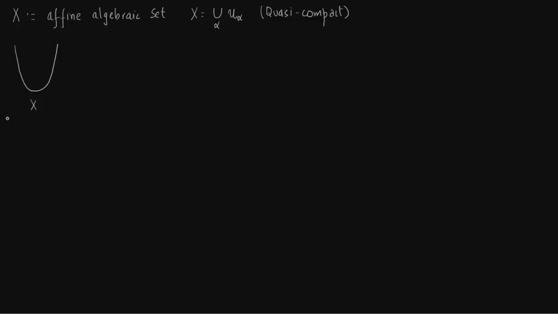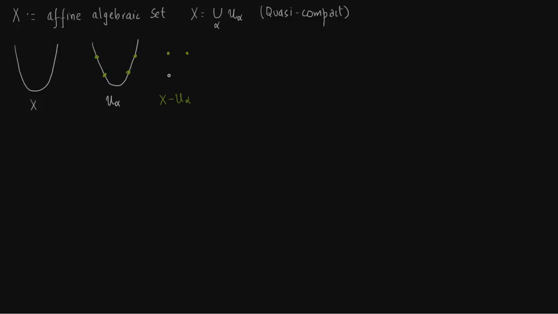So notice first I'm drawing an affine algebraic set X in terms of a parabola. So what is U alpha? You take a finite number of points out of X. So U alpha is precisely like X, but you take a finite number of points out. I've taken 4 points out here. Now how did I take these points out? We will come to it.